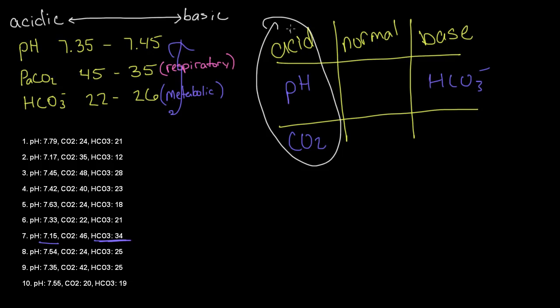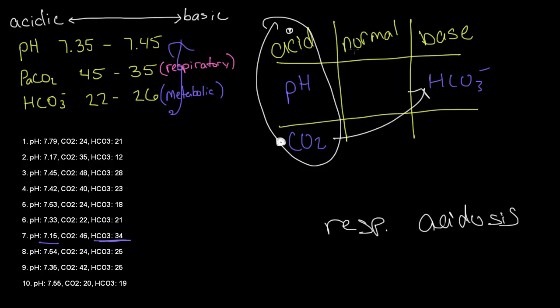Right here, the acid column, so we are in acidosis. Our tic-tac-toe was solved with our CO2 value. CO2 is a respiratory parameter, so we are in respiratory acidosis, and our opposite parameter is in the opposite column, so we are partially compensated.